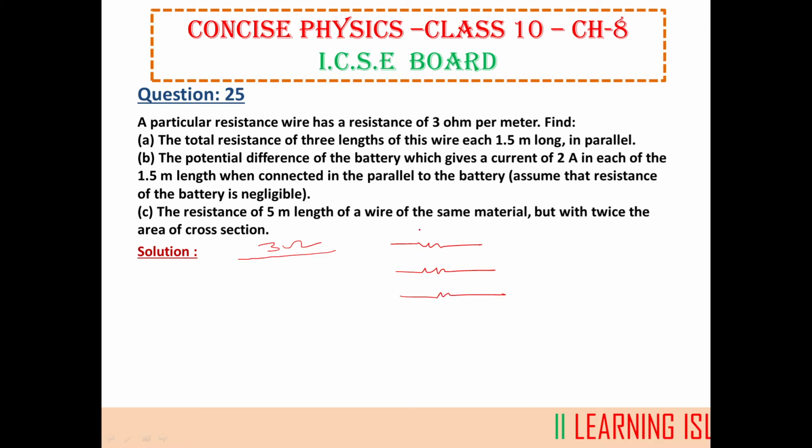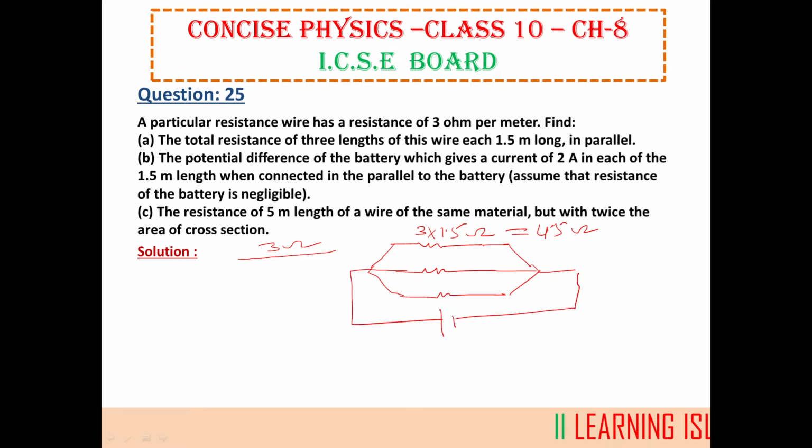The resistance would be 3 into 1.5, because the resistance of 1 meter length is 3 ohm. So the resistance of 1.5 meter length would be 3 into 1.5, that is 4.5 ohm. Now, these 3 resistors are connected in parallel, so the circuit will look like this.